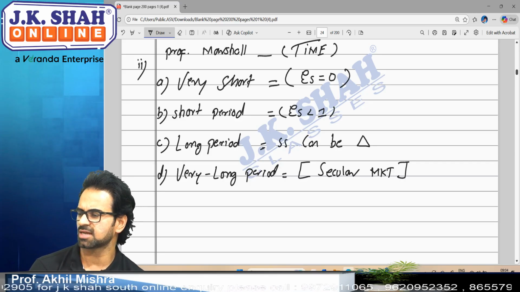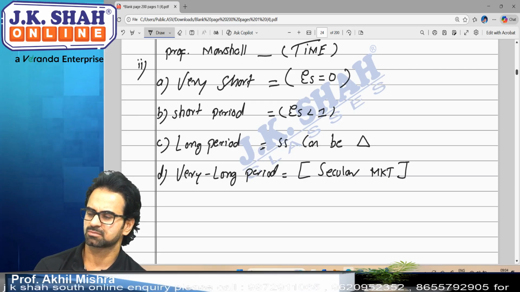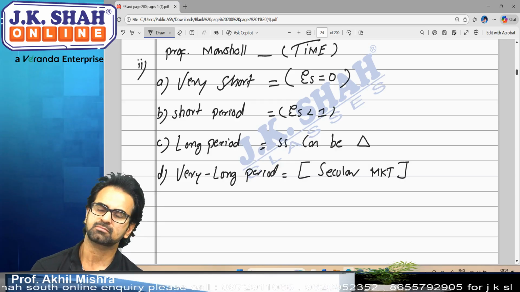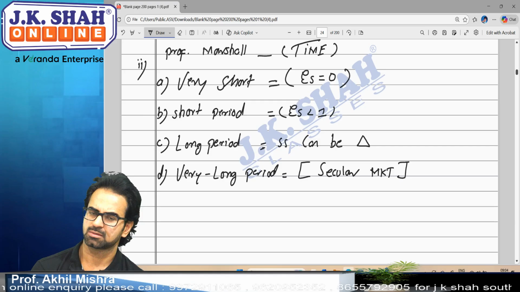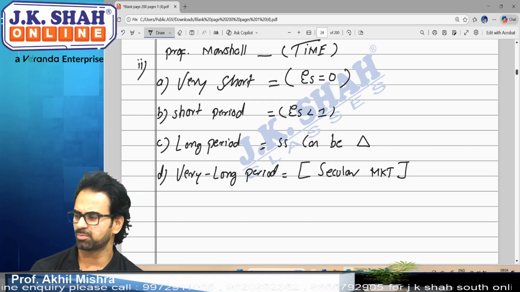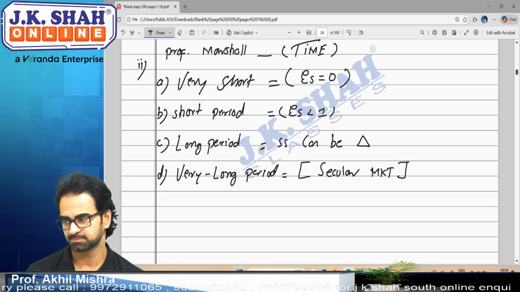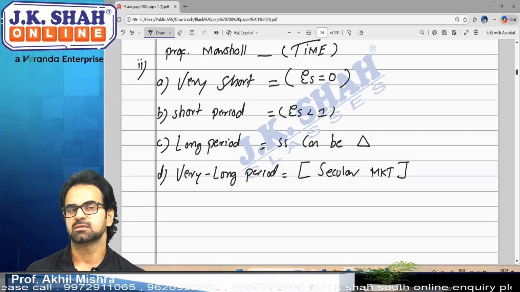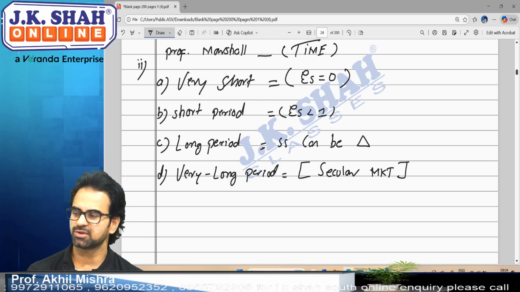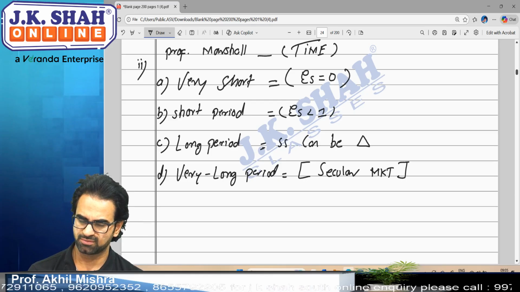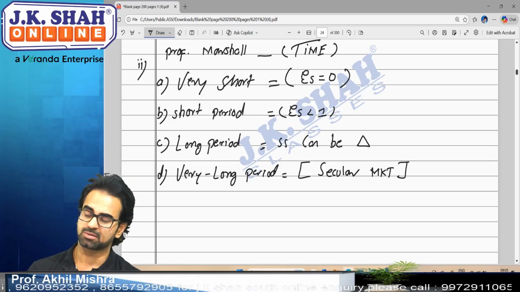If you keep the time very less, for example, you are a shop owner and you have right now 50 packets of bread in your store, and you get a customer who asks you to give 100 packets of bread.